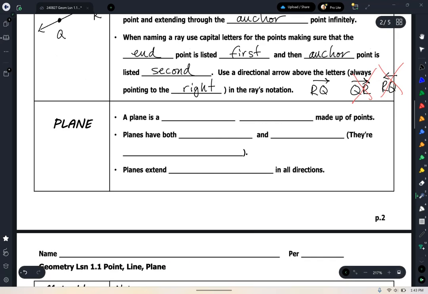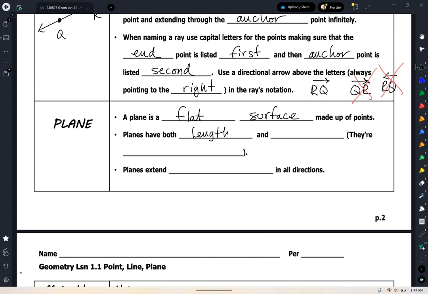All right, let's talk about a plane. A plane is a flat surface, and this is made up of points. So a flat surface has got all these points on it, okay? Planes have both length, Kyler, you're going to want to sit up nice and tall, and width.